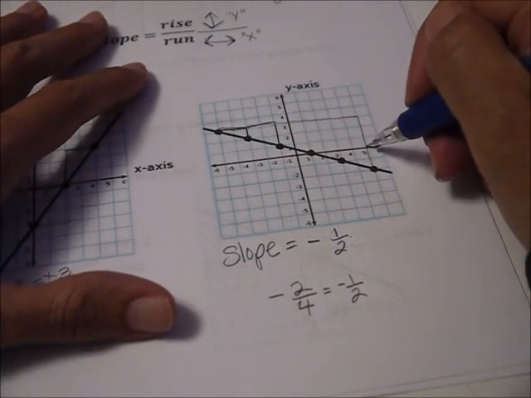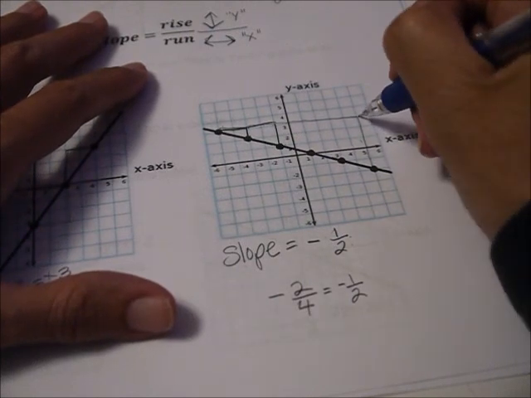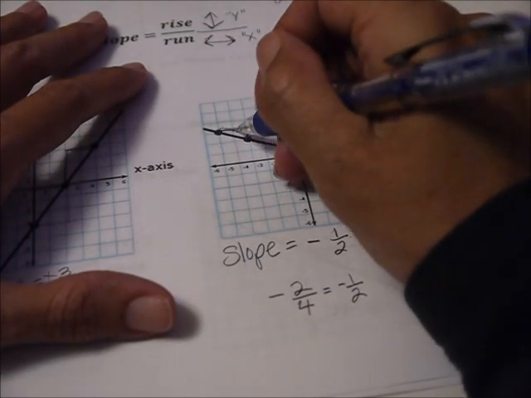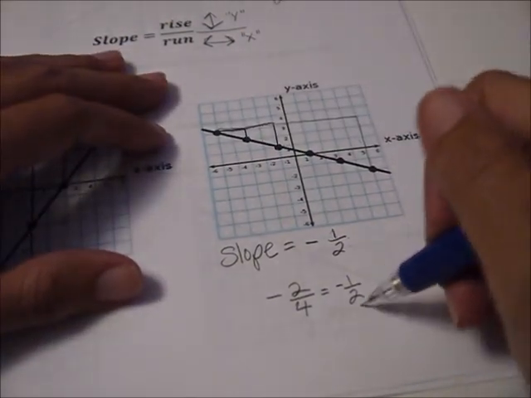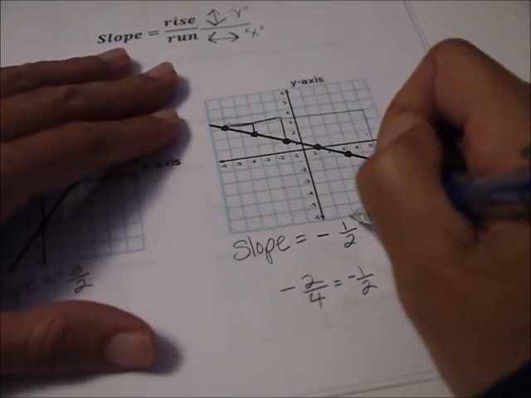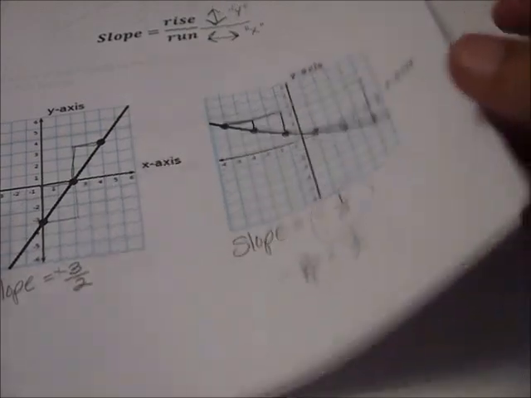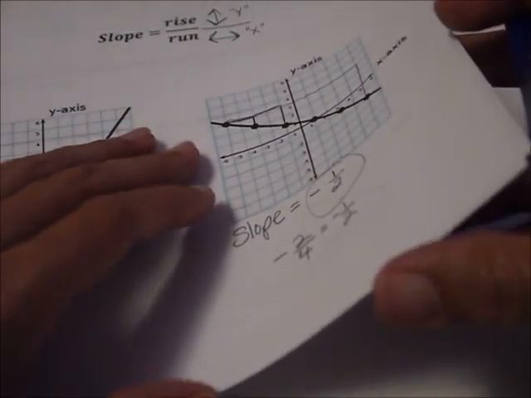In this case, it's 5 over 10. So negative 5/10 reduces to negative 1/2. So it's going to work no matter what. You just might have to reduce if you didn't pick 2 points that are right close to each other.